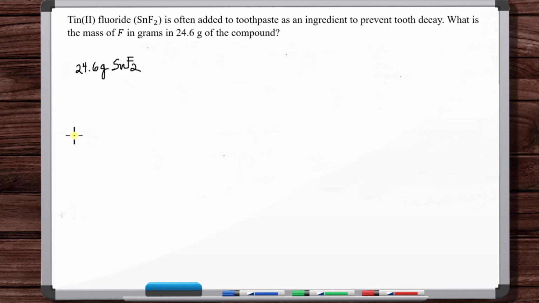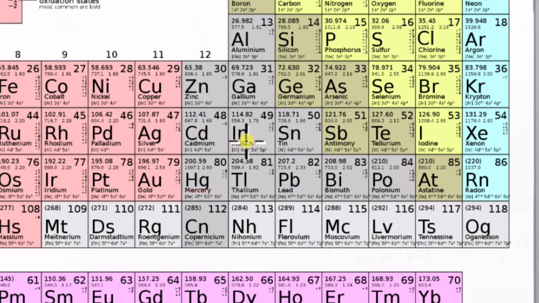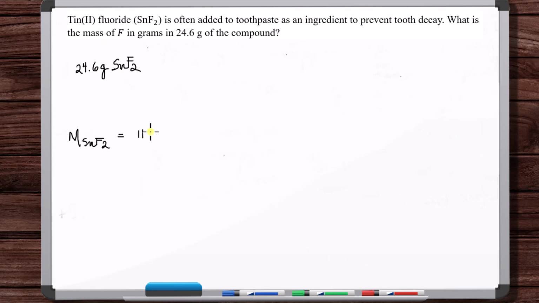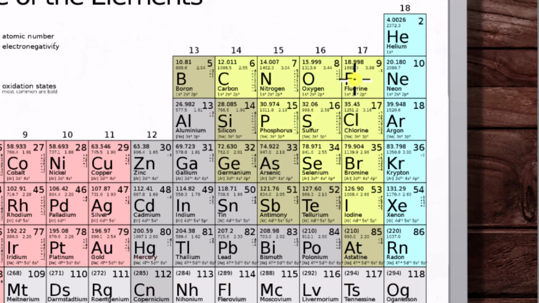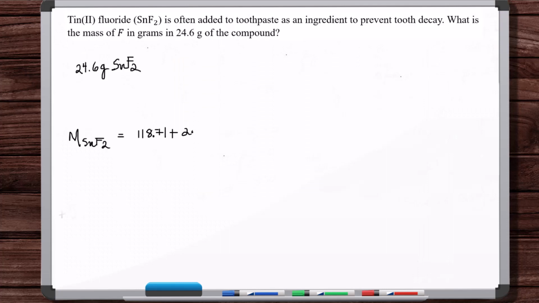So we need the molar mass of SnF2. Okay, the atomic weight of tin is 118.71, plus 2 times the atomic weight of fluorine, 18.998.